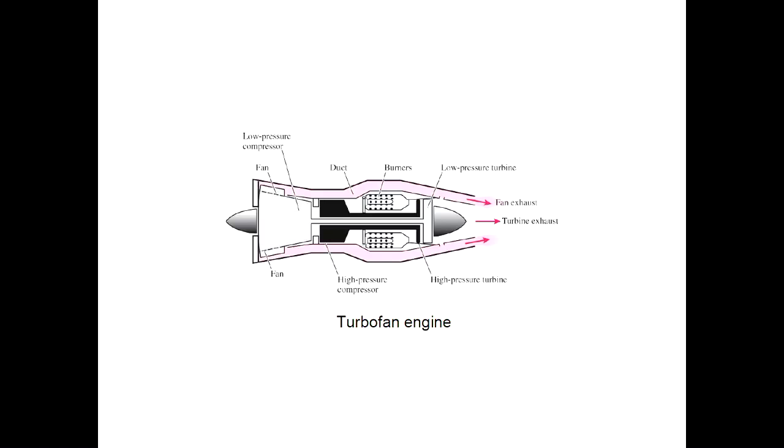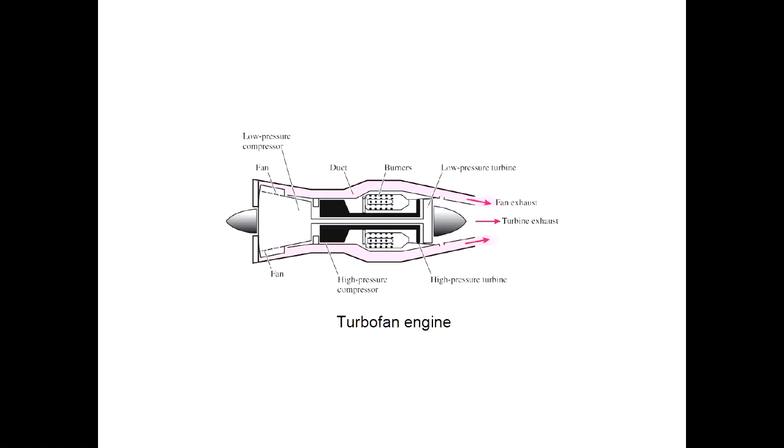So here we have a parameter called the bypass ratio. This one basically is saying how much air is not going in the engine and how much air is going in the engine, right?